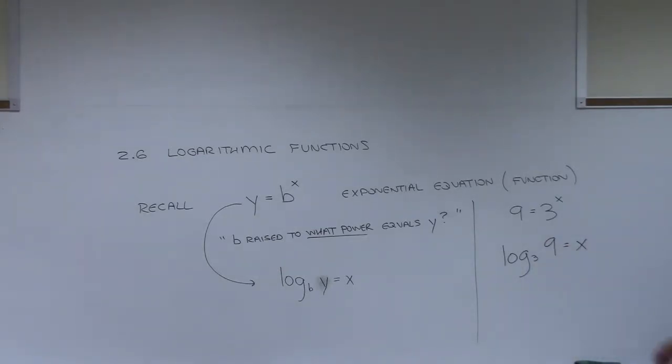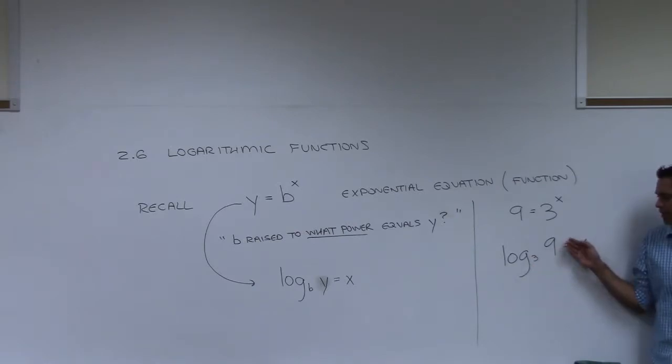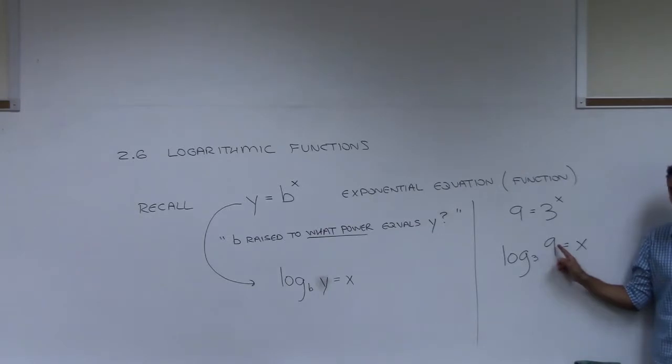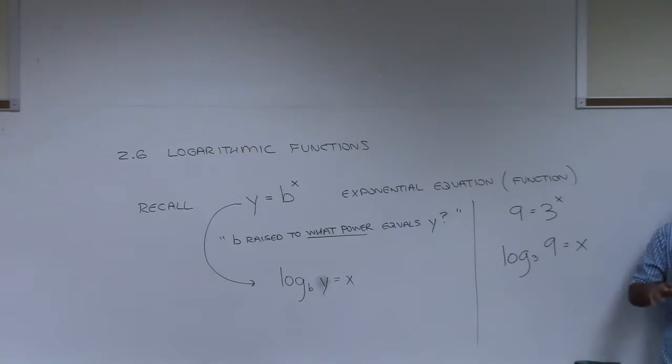So when you see this, what you're saying to yourself is, 3 raised to what power is 9? 2. Got it? So logarithms are another way of writing exponential equations. It's a different way of writing it. That's all it is, a different form.